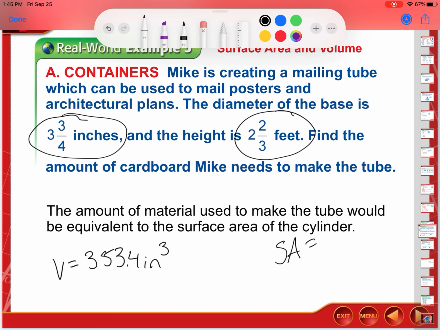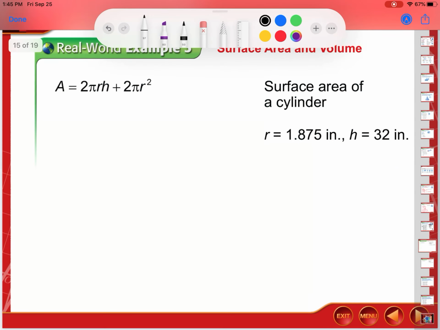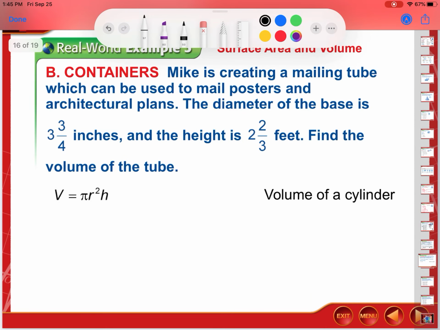Surface area equals, quick calculation, 399.1 inches squared. Much better. So you can try this one as well, even though I just wrote the answer up there. It's the same concept, just remember, check your labels, make them both inches instead of leaving one in feet. That's the trick to this problem. And then it's just plugging it into the formula.